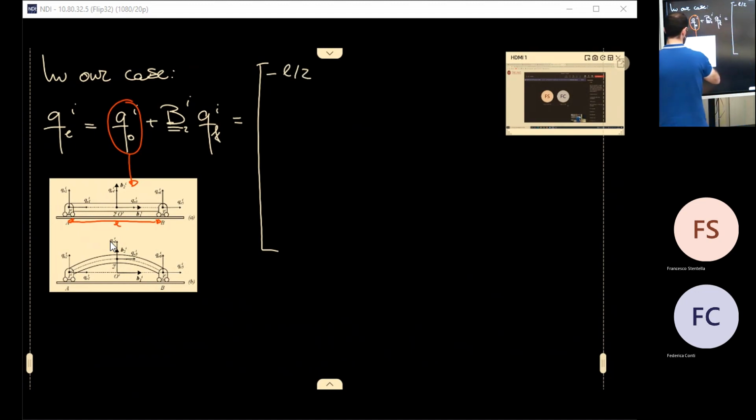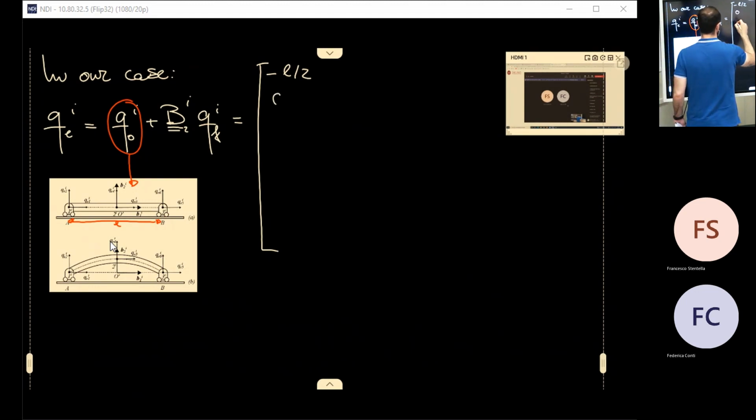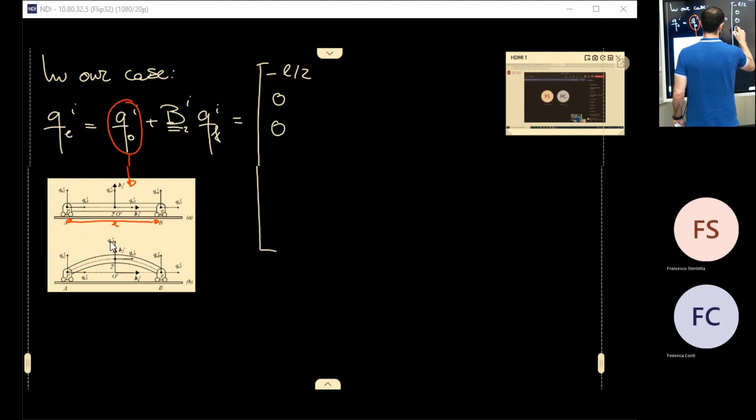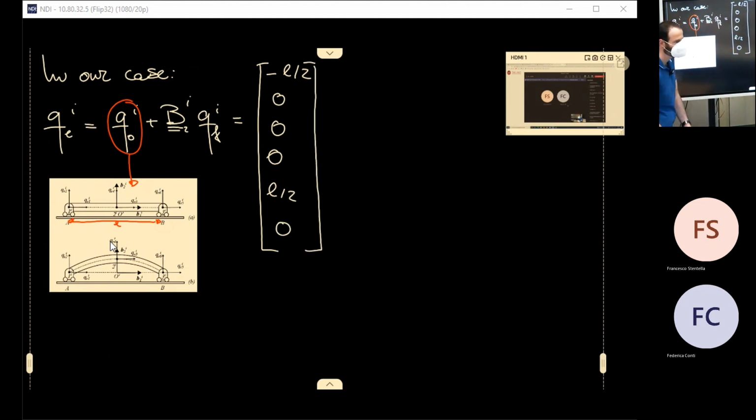Then everything is basically 0 until the one before the last one. Okay, so it's 0, 2, 3, 4, L divided by 2, 0. All right.